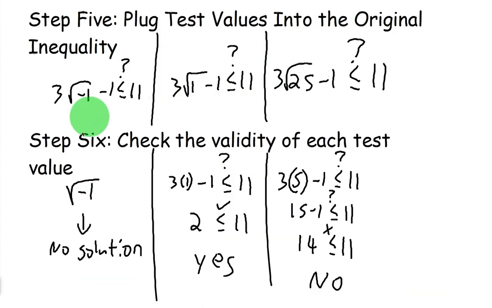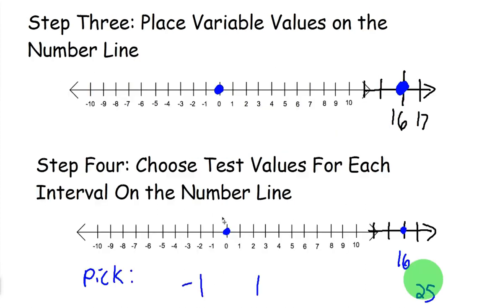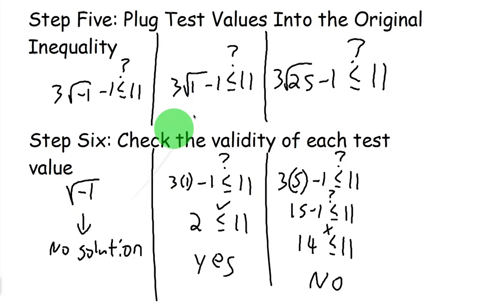Let's check each one. Right here when we plug in -1, it's not going to work because we can't take the square root of a negative number. So we know that this part of the number line is not going to be shaded. When we plug in 1, we get 3 times 1, which is 3, minus 1, which is 2. And yes, 2 is less than or equal to 11.